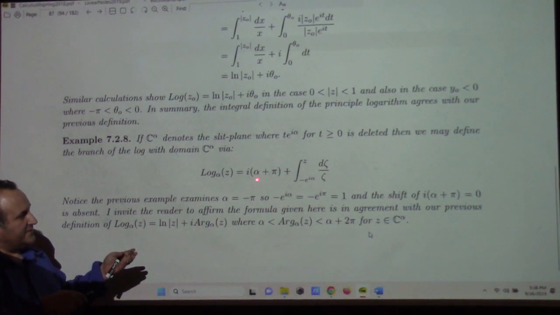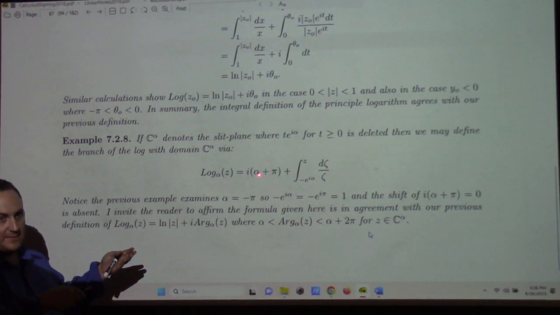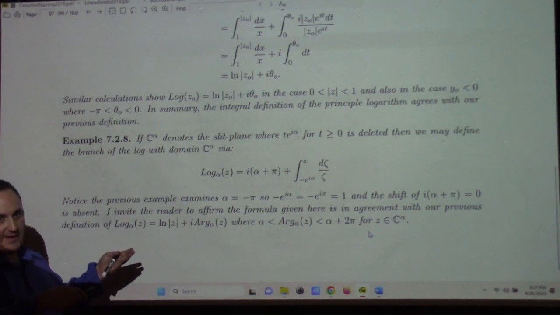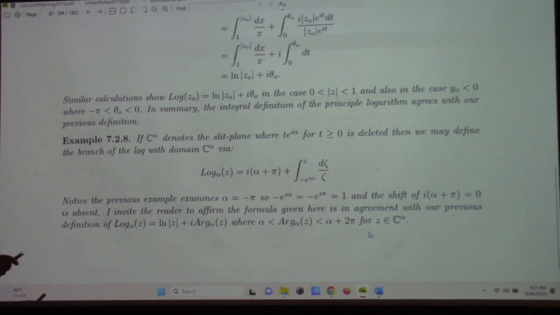What this does is, if this thing works out to minus pi, this goes to alpha. And if this thing goes to pi, this goes to alpha plus 2 pi. The imaginary part of this would be alpha plus 2 pi if this integral works out to pi. So anyway, I'm pretty sure this formula is an integral definition of our log sub alpha, if you care.